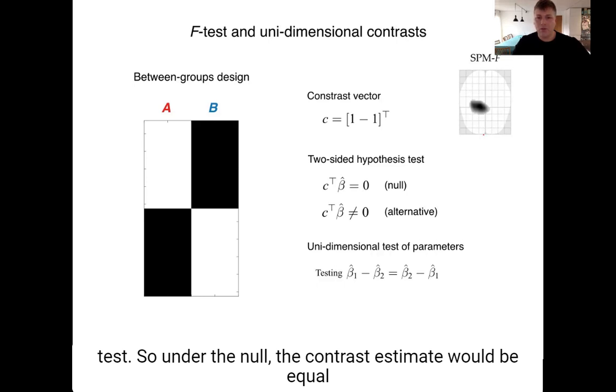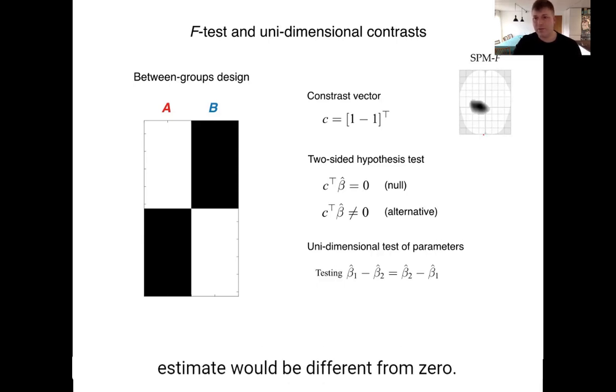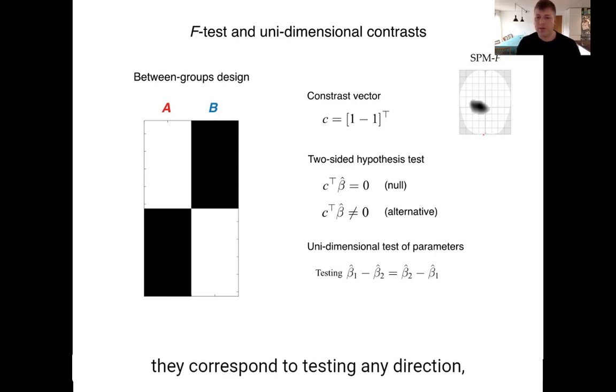So under the null, the contrast estimate would be equal to 0, whereas under the alternative hypothesis, the contrast estimate would be different from 0, so either positive or negative. And this means that these unidimensional tests of parameters correspond to testing any direction, so either positive or negative.